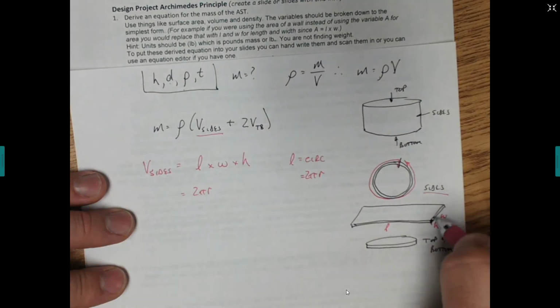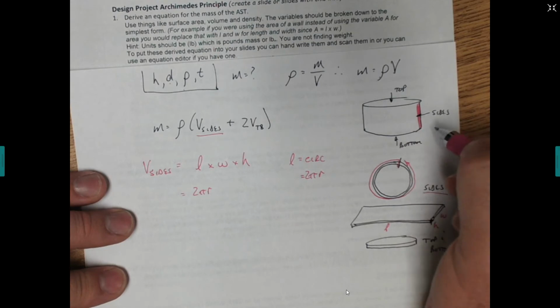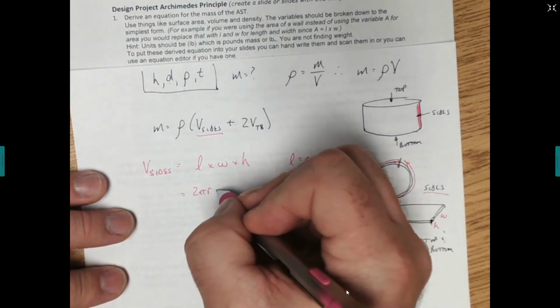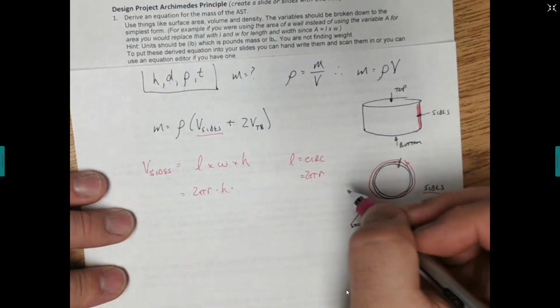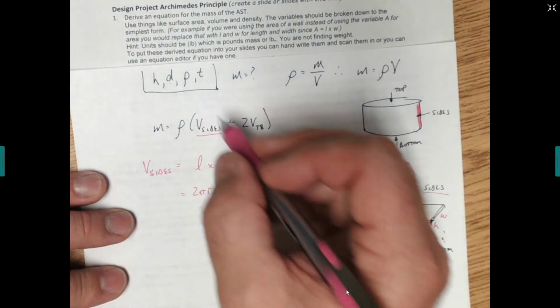The width is this width here, which is the height, so that's the h. And then this height that we counted, because we're sitting on our side, is actually the thickness of the thing, and if we look back, the thickness was the t.